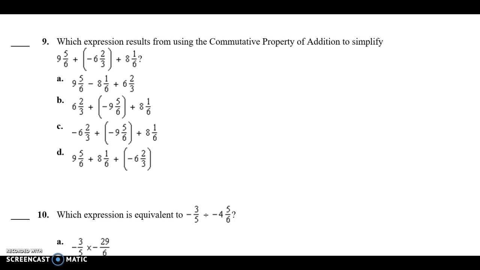B. 6 2/3 plus negative 9 5/6 plus 8 1/6. C. Negative 6 2/3 plus negative 9 5/6 plus 8 1/6. D. 9 5/6 plus 8 1/6 plus negative 6 2/3.